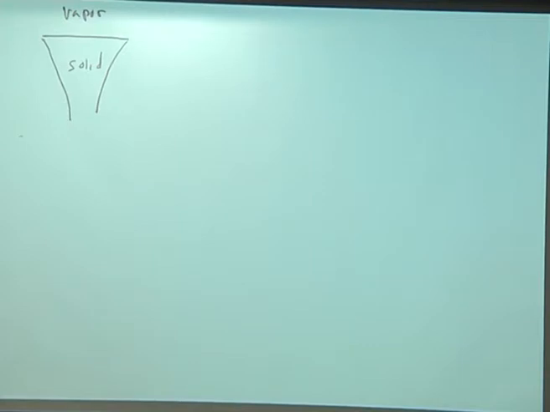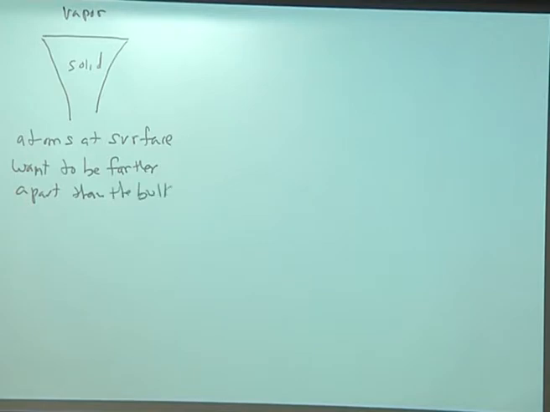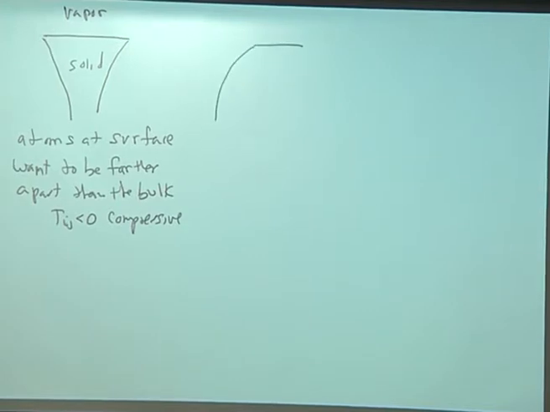So in this case, the atoms at the surface want to be farther apart than the bulk. In this case, Tij is less than 0. It's compressive. Or you can have the case that looks up here, like this.